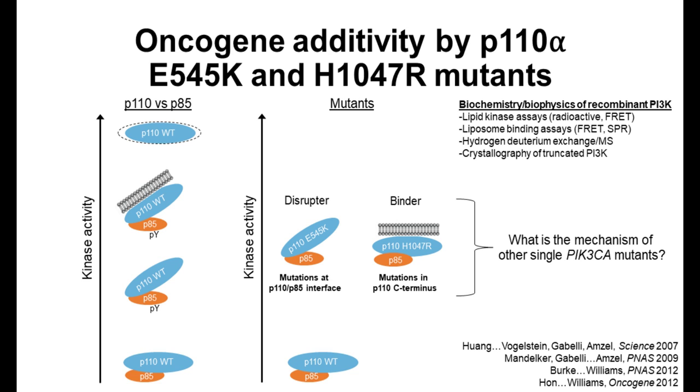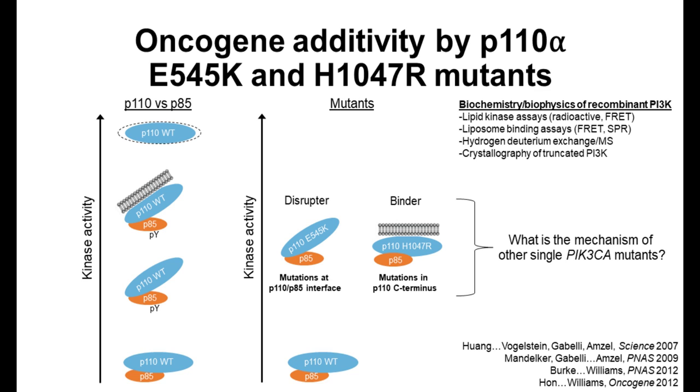This is a pictorial representation of a number of seminal, beautiful biochemical and biophysical experiments done by many groups over the years. What these groups have shown, notably Mario Ansel's group and Roger Williams's group, is that E545K functions as what we term a disruptor. It disrupts the inhibitory interactions between P85 and P110, opening up the protein complex.